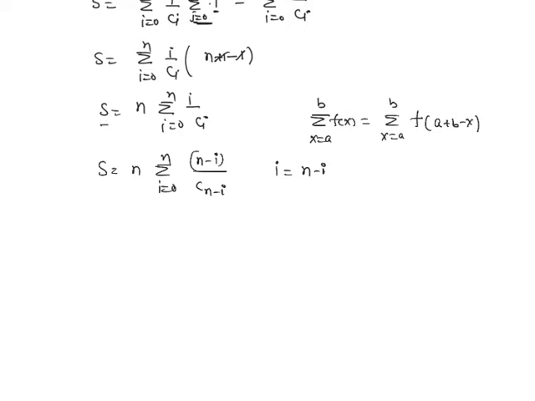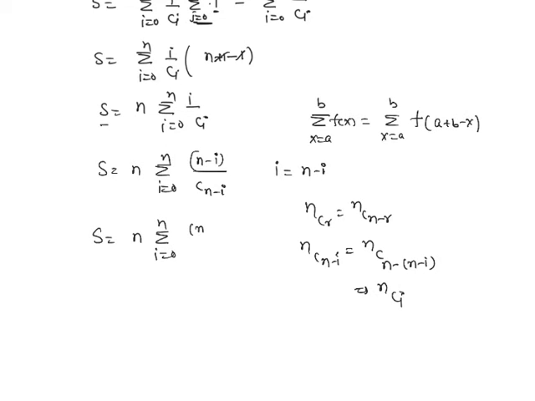And we know nCr equals nC(n minus r). So nC(n minus i) is equal to nCi only. So S equals n into sigma i equals 0 to n, n minus i divided by nCi. So this equation we can take as 1 and this equation we can take as 2.